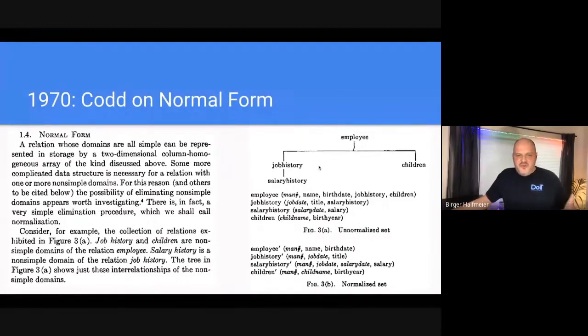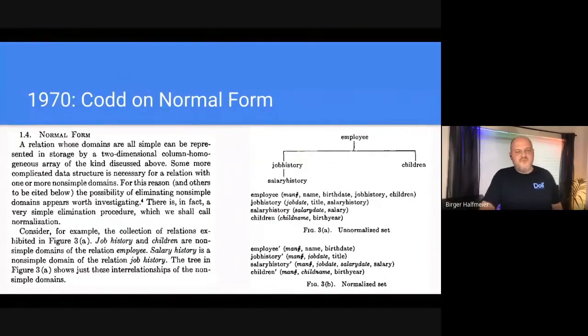And even though this was explicitly allowed, he did point out that there are a lot of benefits to actually not doing this, that the simplicity of having a two-dimensional column homogeneous array was much easier to work with.